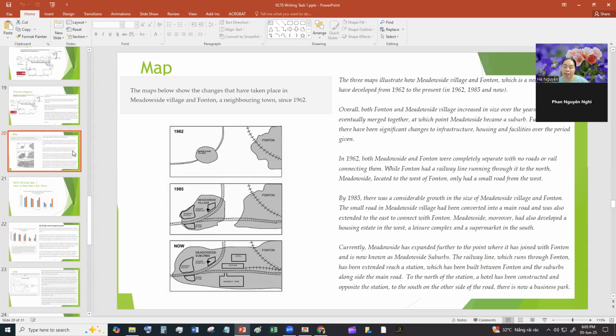And what are the time periods? The time period is since 1962 and now. Good job. So you can say there are three time periods: 1962, 1985, and now. With this kind of time period, if you were to write this description, what verb tense would you use?